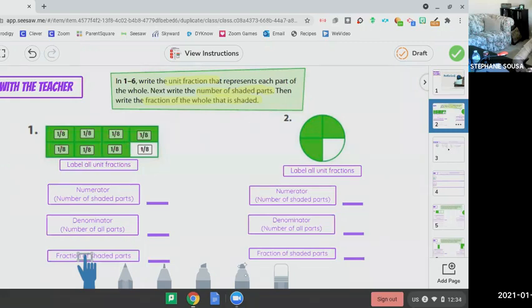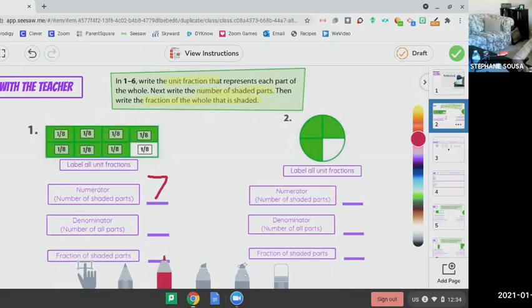Our next piece says numerator, number of shaded parts. I'm going to look at my unit fractions and how many are green. The top 4 are green. 1, 2, 3, 4. The bottom 3 are green. 5, 6, 7. So my numerator is a 7.